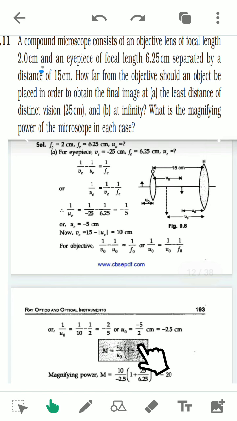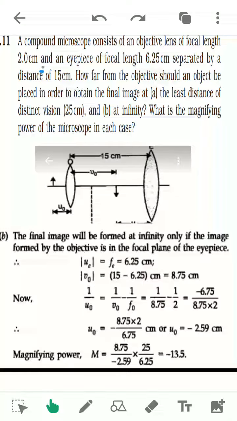Here D we will take as 25 centimeter only. Why? Because when we derive this formula, we already put the sign convention there. The value of D, that is 25 centimeter, is actually the value. That is why again we are not putting the sign convention. So after putting the whole value, you are getting minus 20.